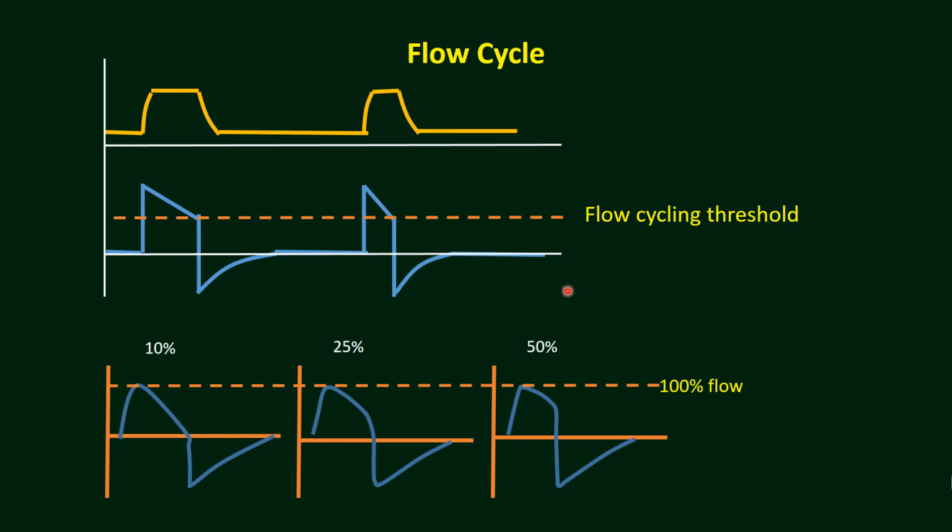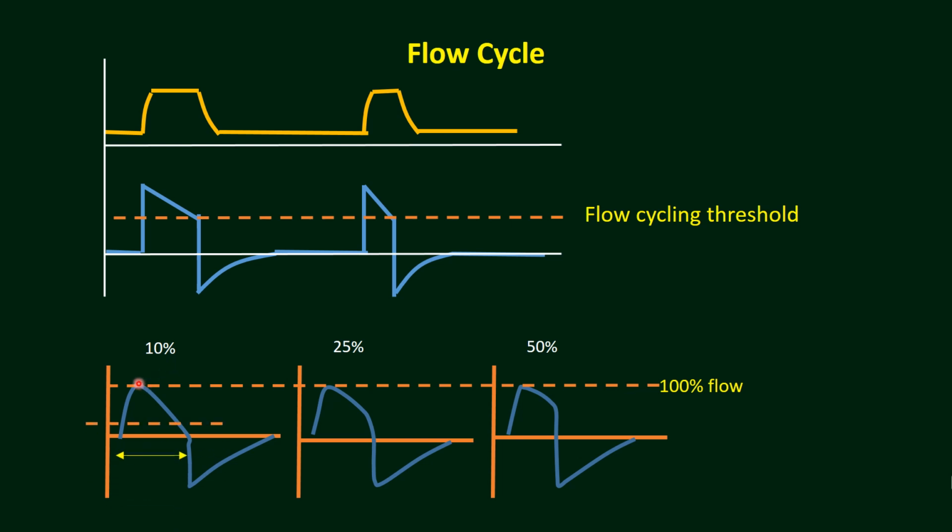If you see this picture, you will understand more. Just follow the bottom picture. This is the maximum flow, that is the 100% flow, and here flow cycle is set at 10.